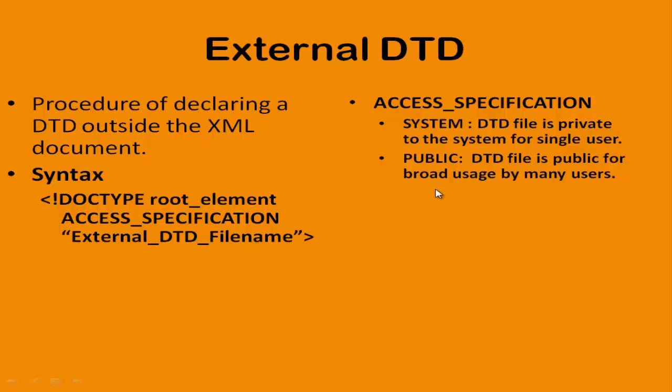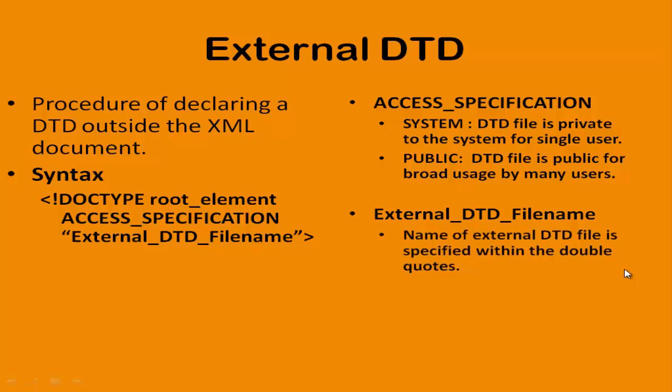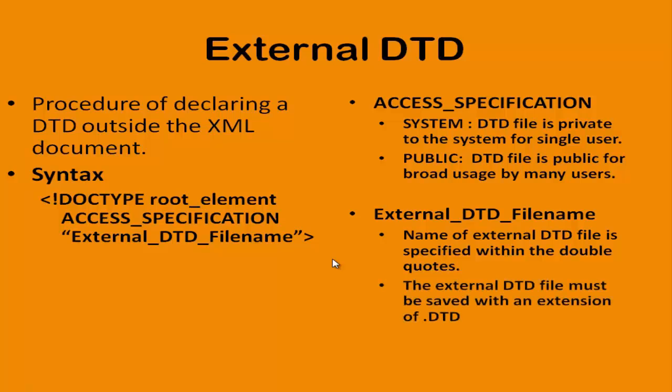Afterwards, the external DTD file name is nothing but the file name which you are going to create externally for the DTD. So the name for the external DTD file is specified within the double quotes, and this file name will be saved with the extension of .dtd. About all these things, we'll see a common example so that you can understand it better.